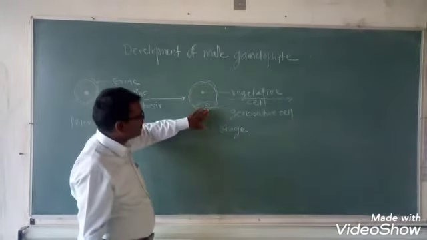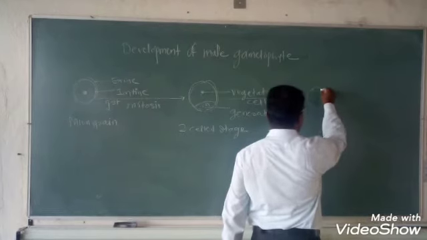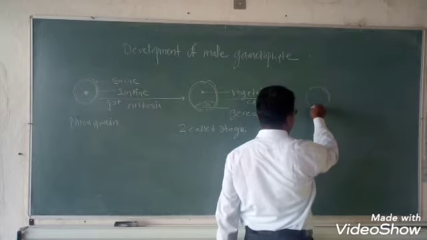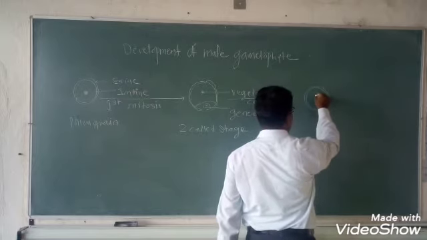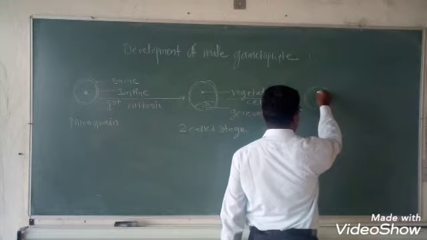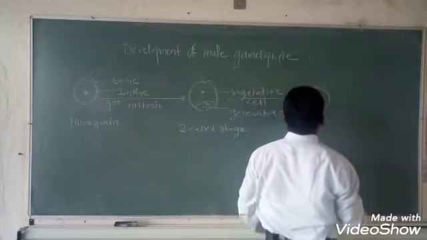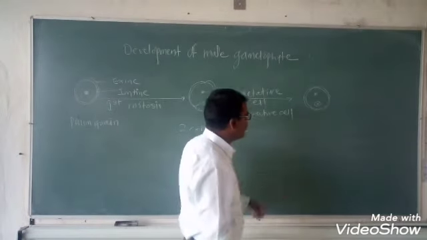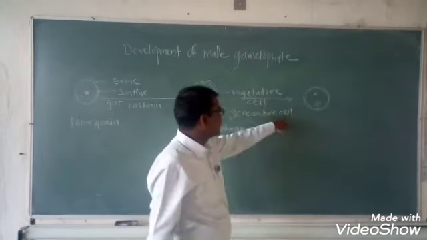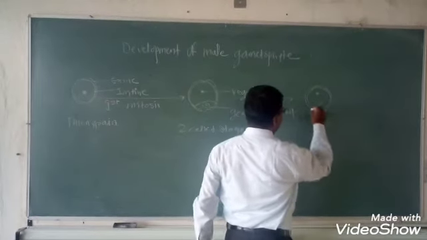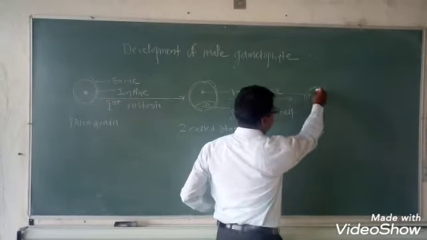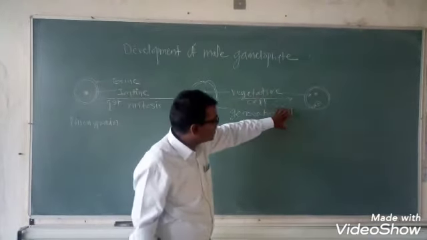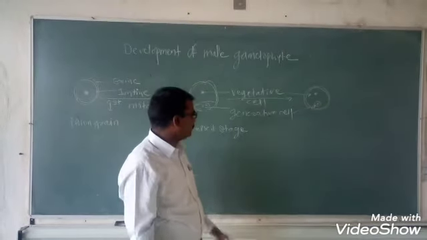For example, this is a generative cell, this is the vegetative cell, and this is the large vegetative cell. Inside the cytoplasm of the vegetative cell, the generative cell is present.